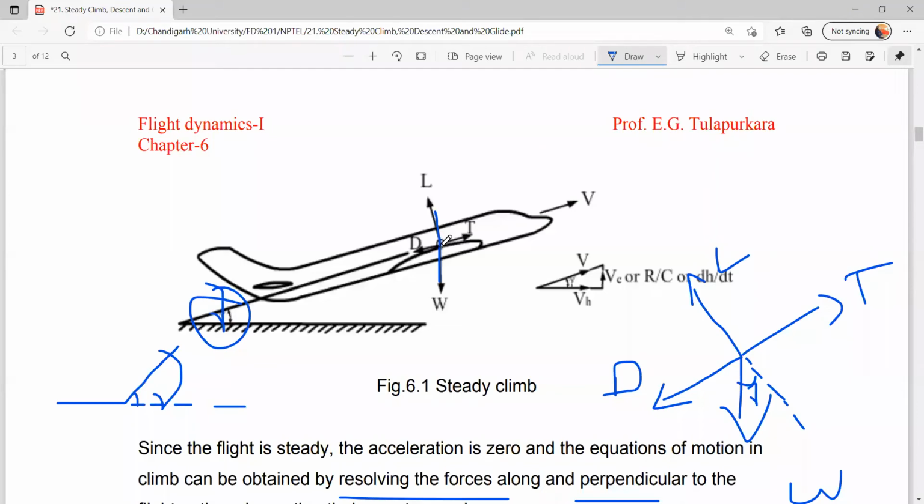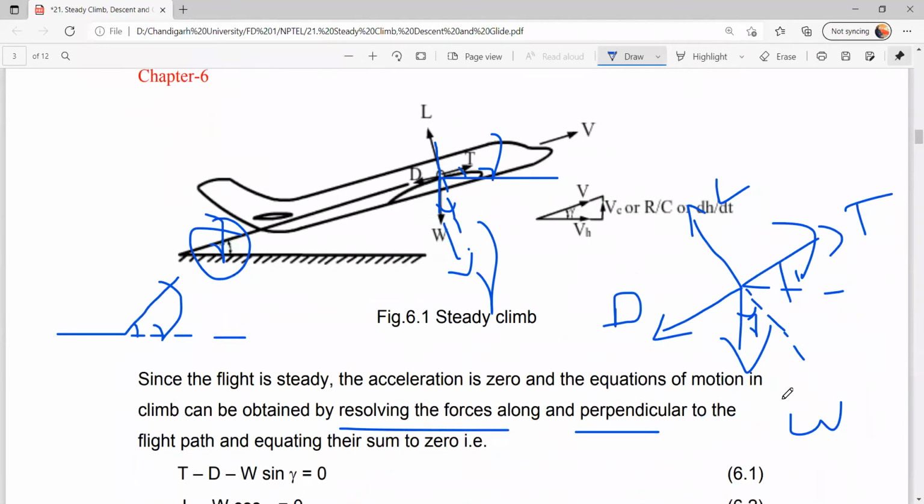The corresponding angle will be gamma, and here the supplementary angle will also be gamma. So you can easily calculate gamma. This angle is also gamma. Resolving the forces, we will get W cos gamma here and W sin gamma here.